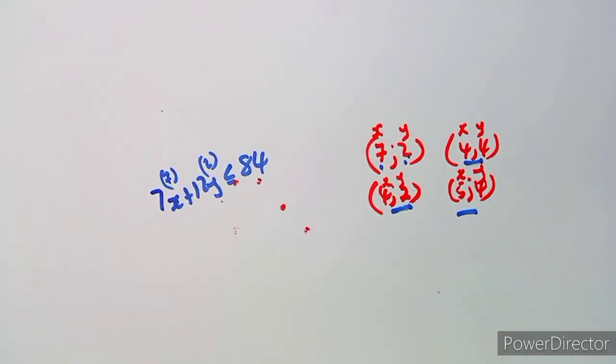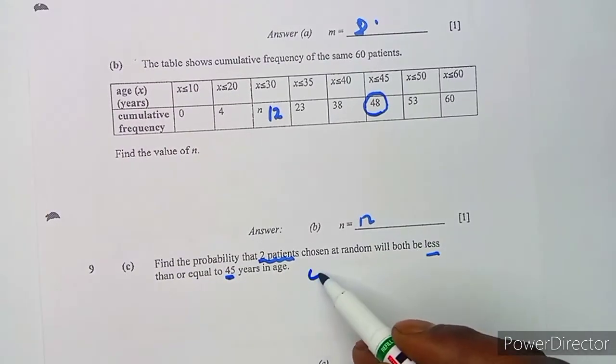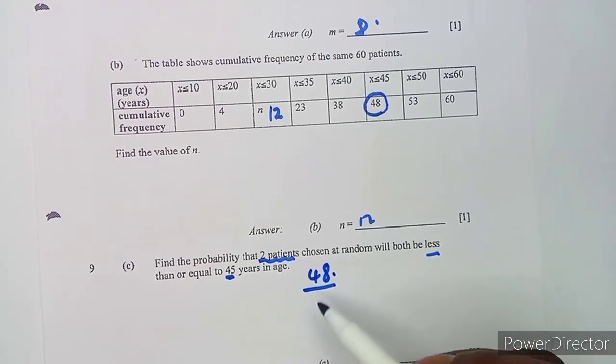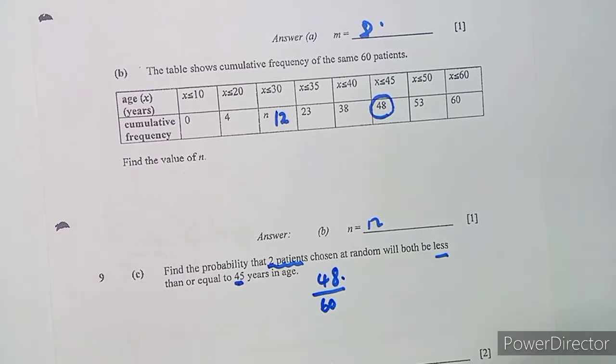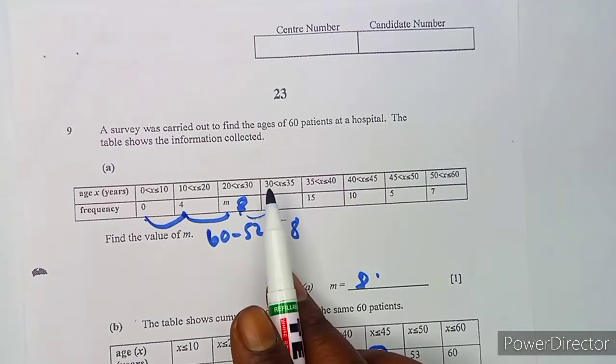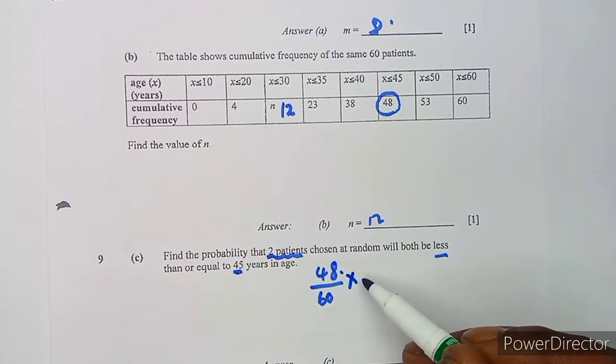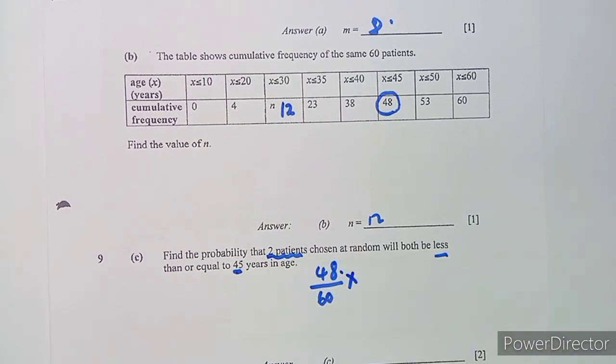So it is going to be 48 over the total. Remember, probability is the required outcome over the possible outcome. The possible outcomes are the number of patients, multiplied by 50. This is 48. So we took 2 from the same group.